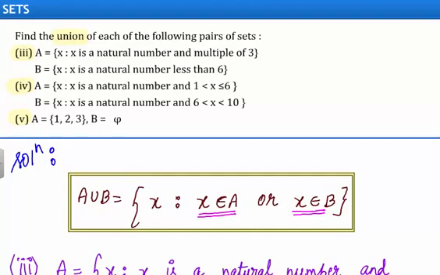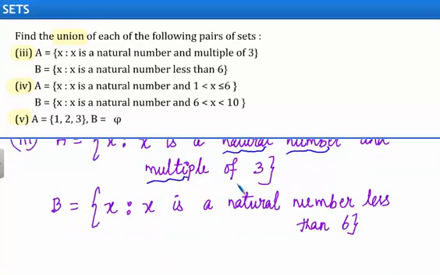In the first part of the problem, we are given two sets A and B. Set A is equal to set of X such that X is a natural number and multiple of 3. Therefore, the elements in set A are 3, 6, 9, 12 and so on.